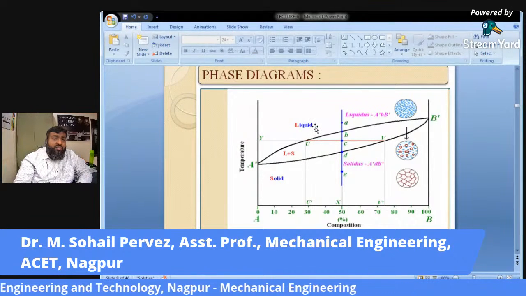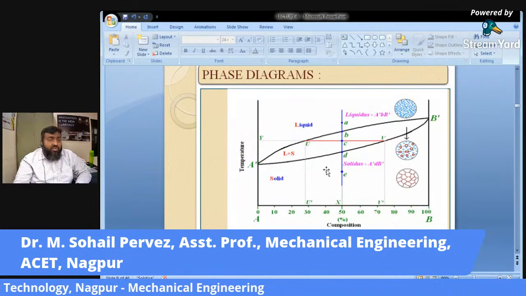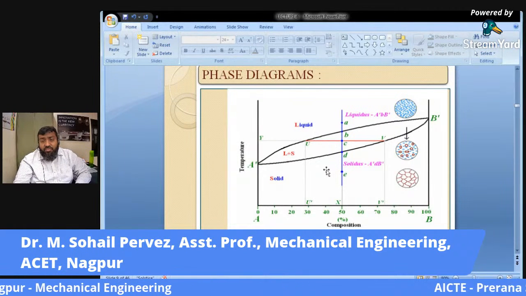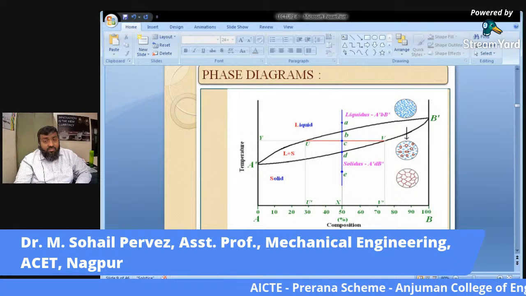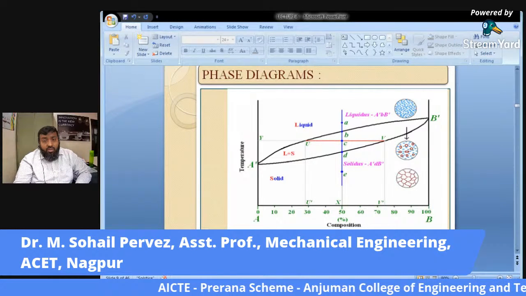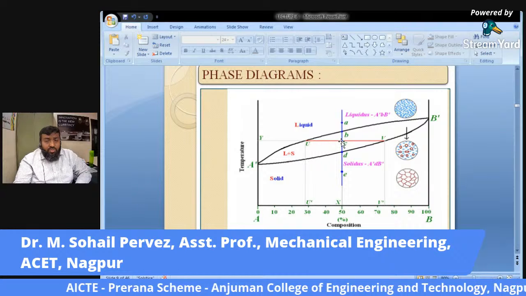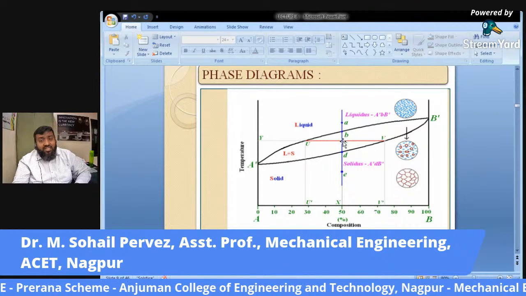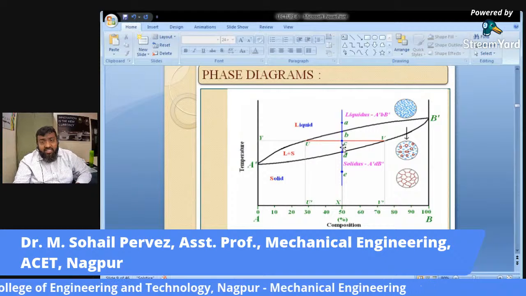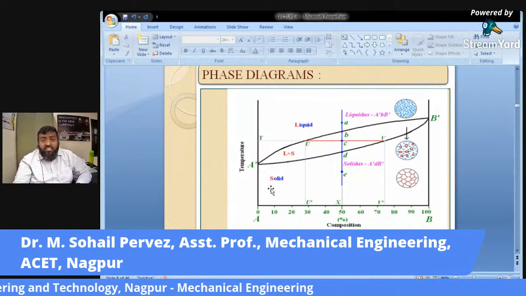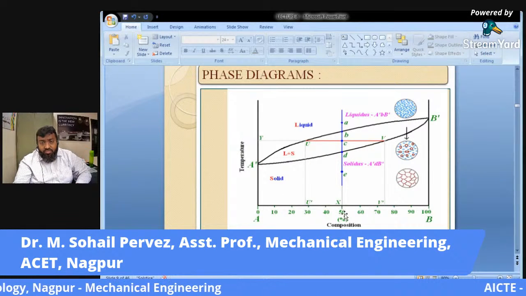That is nothing but the liquidus line A'B'. So this is all about the diagram and the representation. Now, if I wanted to know what would be the percentage of element at this point C, which is at a distance of x composition.